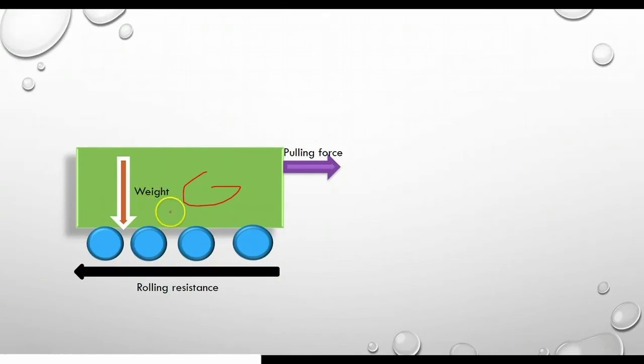So this is the heavy object, and then the rolling surface, and this is the hand pushing the object. There are ball bearings here, and this kind of friction is known as rolling friction.